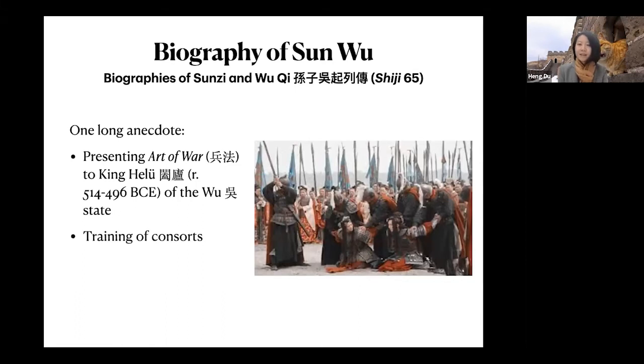And then the king asks if he can show the efficacy of his military art. So then I think many of you know this story, right? He was asked to show that he can use this to turn the king's harem into an army.